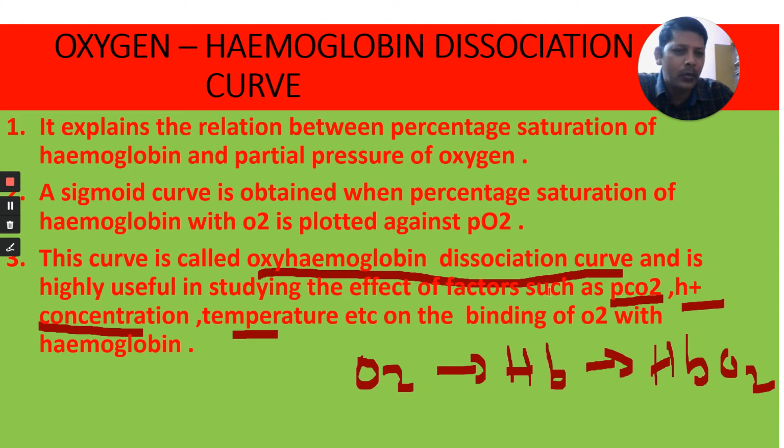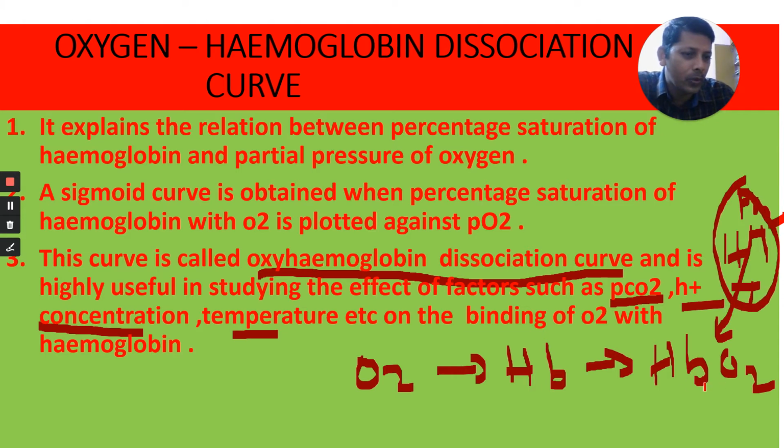This binding depends on various factors. There is an effect of PCO2, and an impact of H plus ion concentration and also temperature. These factors all influence the binding of hemoglobin with oxygen. How these factors affect the binding between hemoglobin and oxygen is explained by this curve.